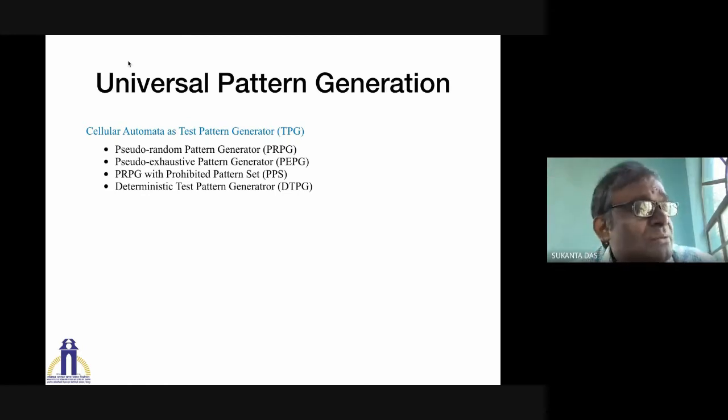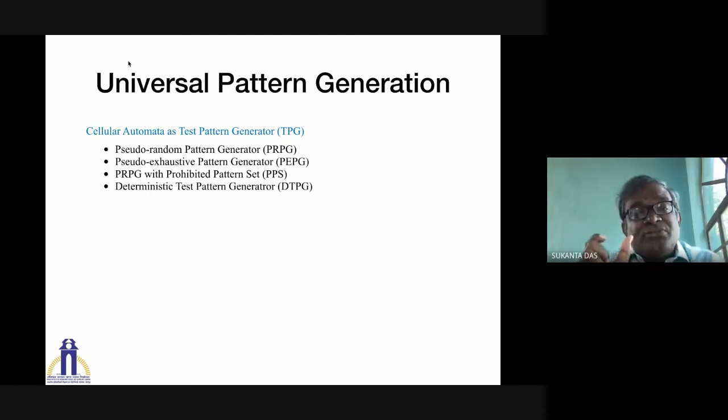What you need can be done by a cellular automaton. Okay, so pseudo-random pattern, what it is we have discussed, we understand also. If you give input, say Maximal Cellular Automata, that can generate pseudo-random patterns. Okay, that's okay. Now, what is pseudo-exhaustive pattern?